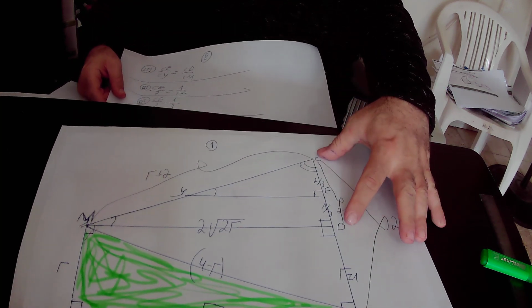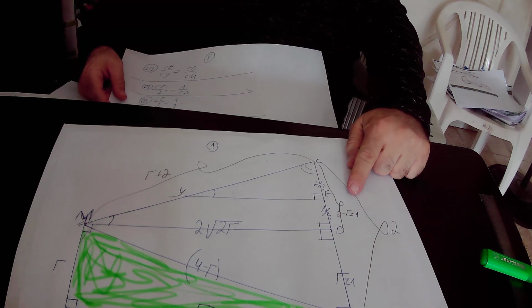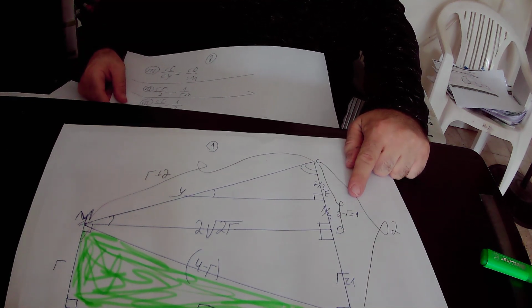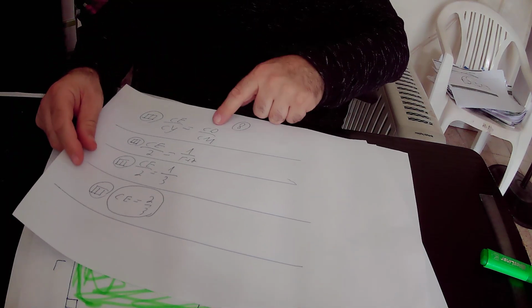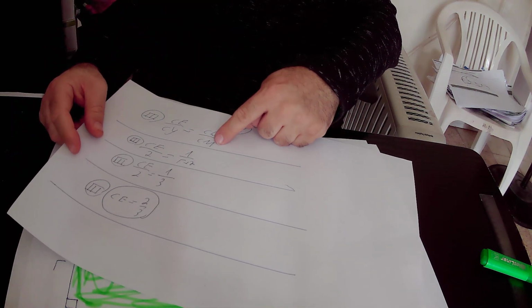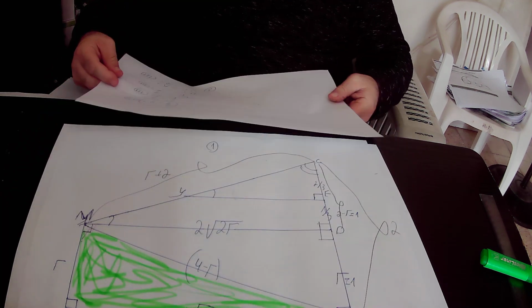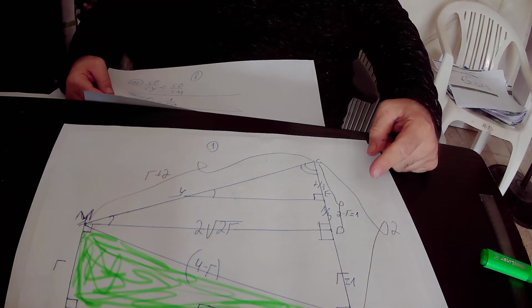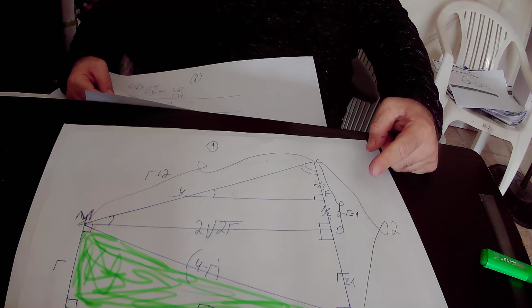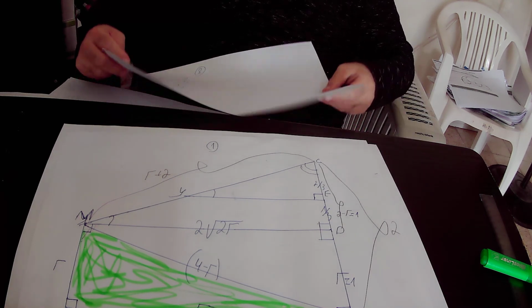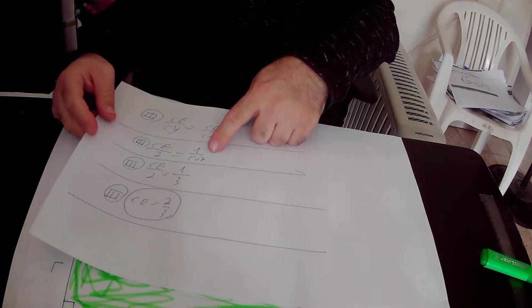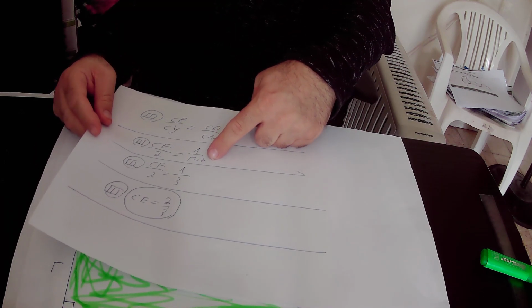As you can see from here, CD equals 2 minus R, and R equals 1. So CD equals 2 minus 1, which is 1. Here CD equals 1. And CM equals R plus 2, and R is 1. So R plus 2 is 1 plus 2, and 1 plus 2 is 3. So CM equals 3.